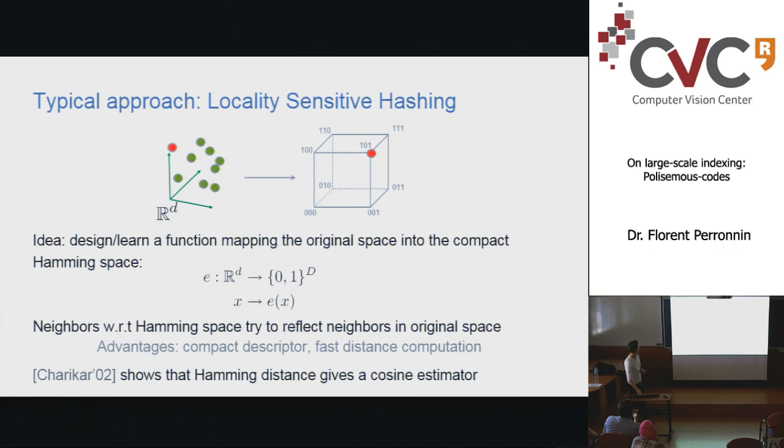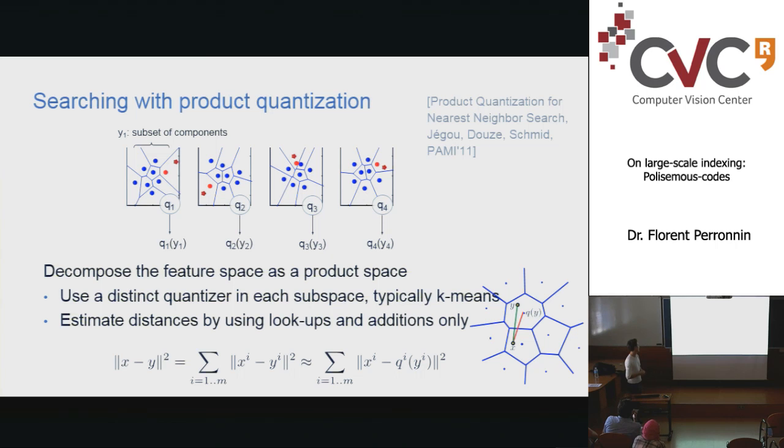Another class of technique called product quantization, which was introduced by Hervé Jégou and colleagues at INRIA, completely forgoes the requirement to be projected on a hypercube. Okay? What this technique involves, you have a large vector which you want to compress. What you do is first you cut it into small subvectors.